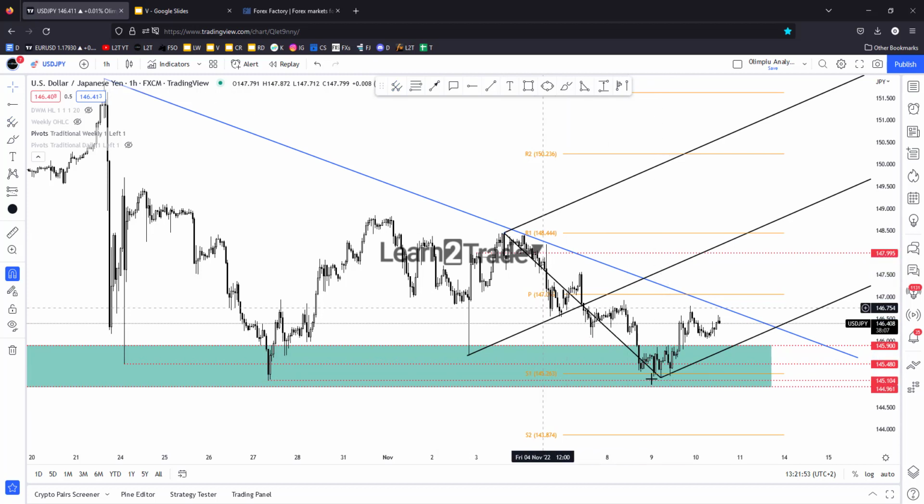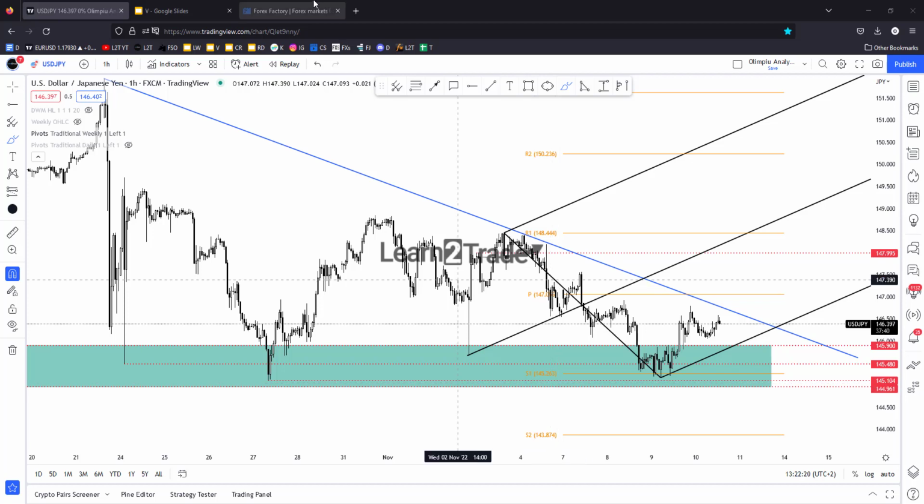It has retested this lower median line, which represents a dynamic support, and as I've said here, strong accumulation, consolidation could signal an imminent breakout, and then it could extend its growth. This scenario could take shape, guys, if the dollar index will jump higher, will resume its growth, and maybe if the yen basket will drop.